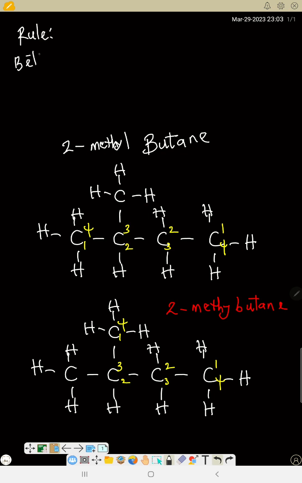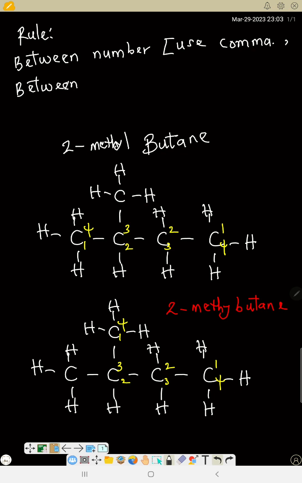Between numbers, use comma, as in this comma, but between a number and letter, use hyphen, so that dash, just like what you see here.